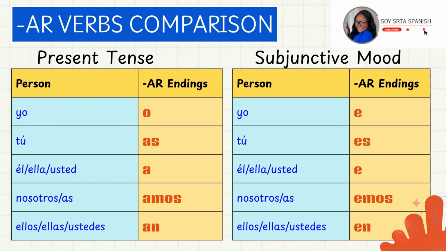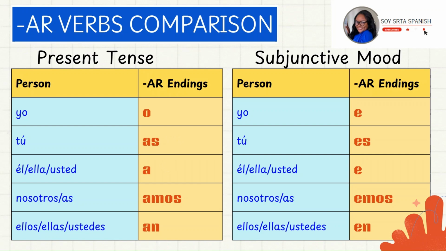What do we notice? Now, what I mean by the subjunctive uses the opposite of the present tense is that if you notice, these are AR endings. The form is o, then we have as, a, amos, and an, all using a to reflect AR verbs.